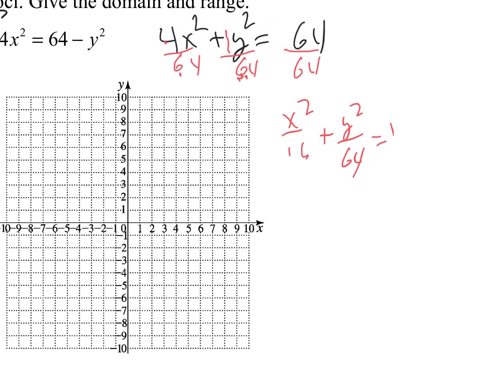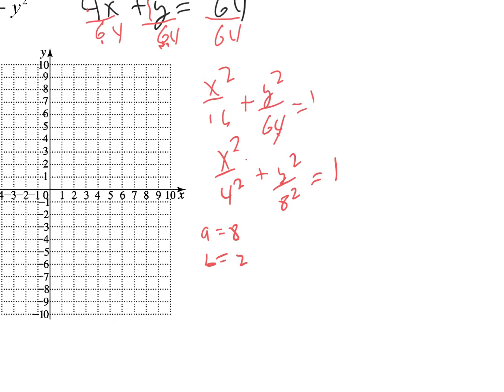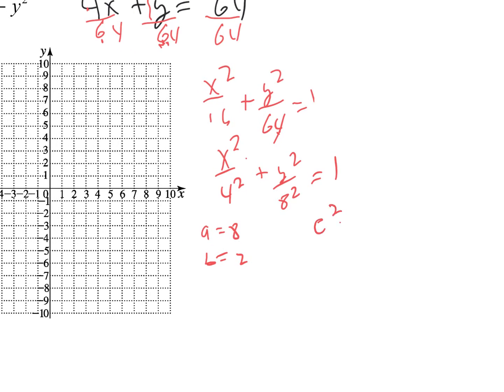Go ahead, take a second out of your life and write it as x squared over 4 squared, so that you know that b is a 4, plus y squared over 8 squared. This one changed. I'm still going to say a is 8. I'm still going to say b is a 2. But c squared will still be the bigger number.